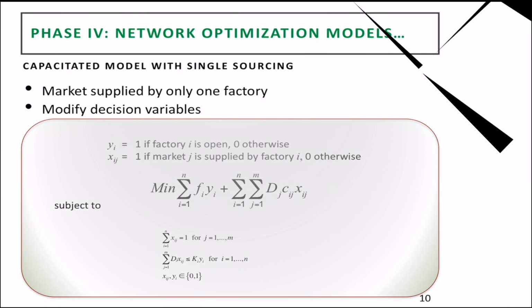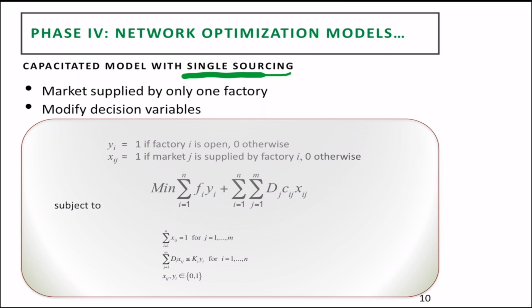There are some situations where we use a capacitated model with single sourcing. There are many companies that want to design supply chain networks in such a way that a market is supplied from only one factory, which we call single source.